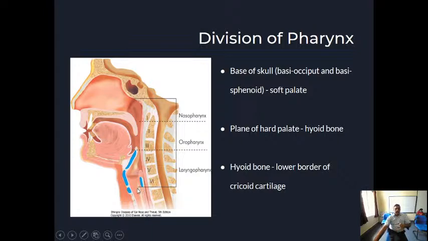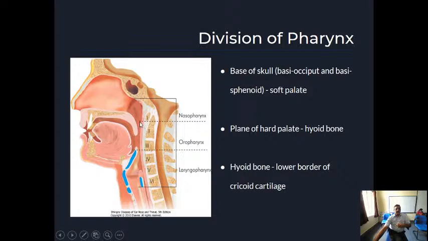This is divided into three parts. One is the nasopharynx, the part behind the nasal cavity, that is, behind the choana, which forms the anterior end. Posteriorly, you have the prevertebral muscles, and behind that the vertebral bodies.